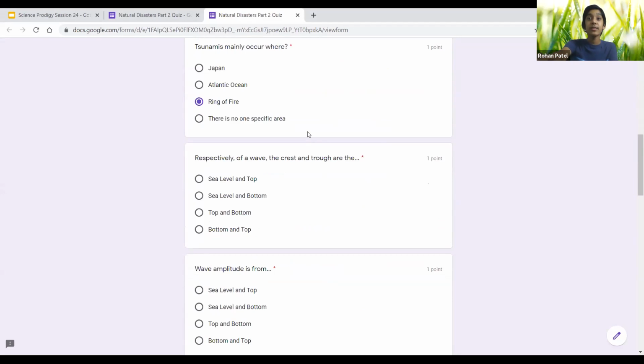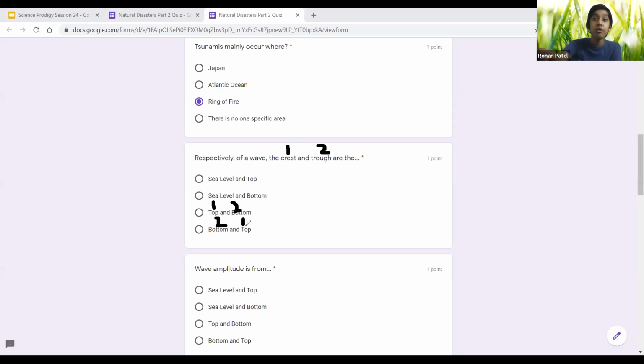Respectively, the crest and trough, if you remember, the crest is the topmost and the trough is the bottommost. And respectively means if we label them number 1 and number 2, then it's top and bottom, number 1 and number 2, not bottom and top, because that's 2 and 1, and that's not respectively.